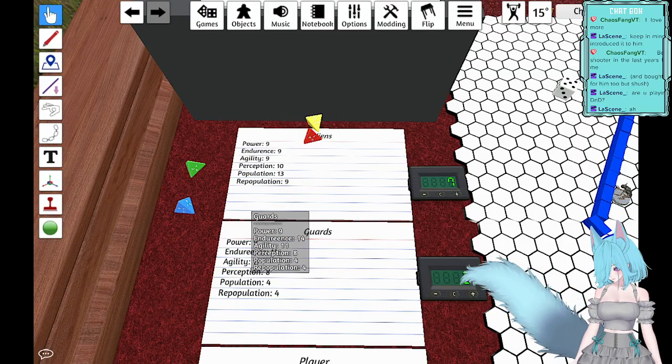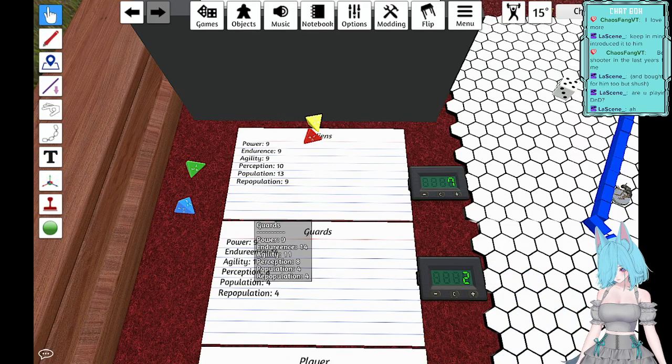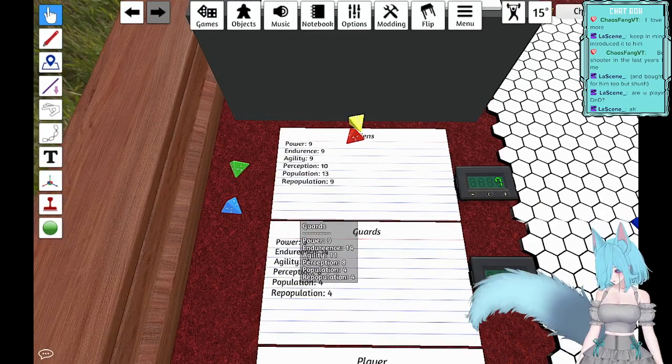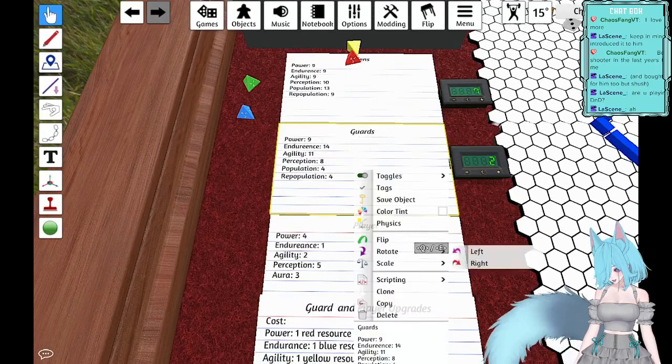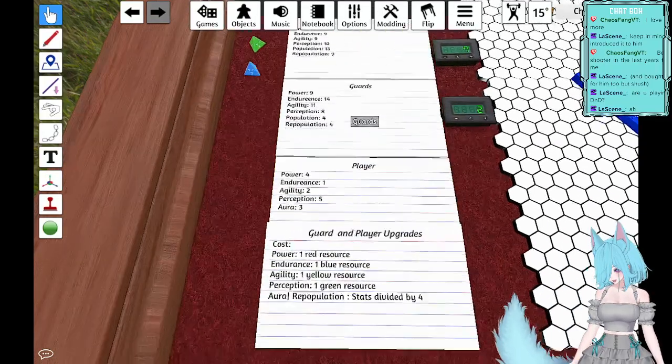But we do have 2 guards, so they can actually kill some. During the exploration, we hopefully finally see some battling inside the town.